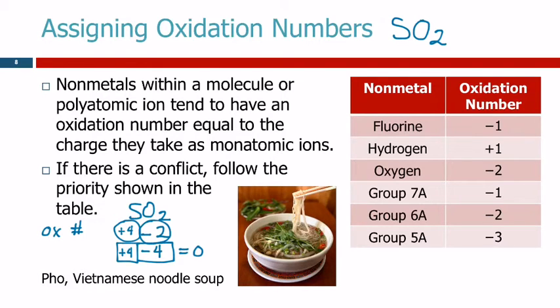This is a lot like ionic charges, but there are no ions in this compound. Sulfur's not necessarily super happy about being an oxidation number of +4, but he's going to deal with it because oxygen's stronger or more important or cooler or however you want to think about it. Any questions? We'll do some examples.